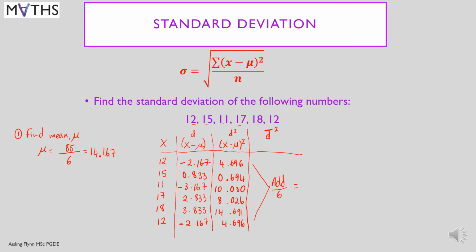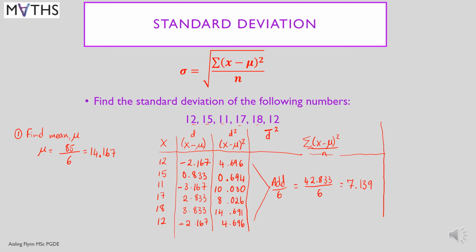So the total of those came to 42.833, and I have to divide that by 6. So dividing by 6 I get 7.139. Now that's my average of the distances squared. Or formula wise that would be the sum of x minus mu squared, divided by n, and the sum of them, we've added them all together.